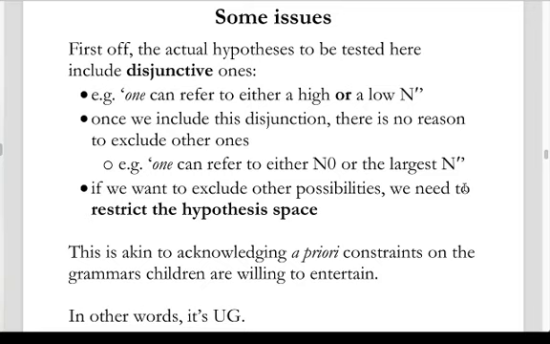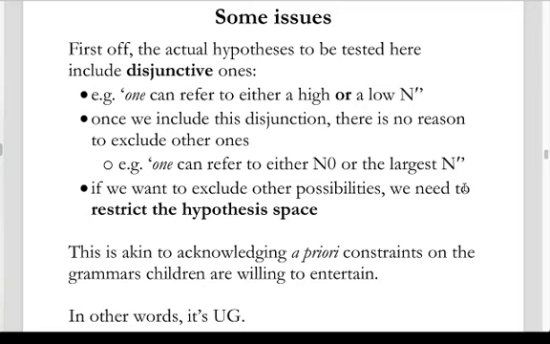They only evaluate hypotheses where one has to refer to this element or has to refer to that element only. But in a more realistic simulation, we need to include things like, well, one can refer to either the head noun or the largest n-bar in the phrase, right? And that would actually get the right generalization for this very limited test case, although it would be the wrong grammar when you look at other situations and other English constructions.